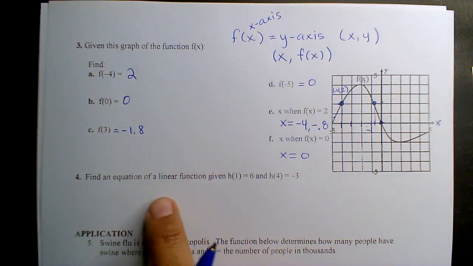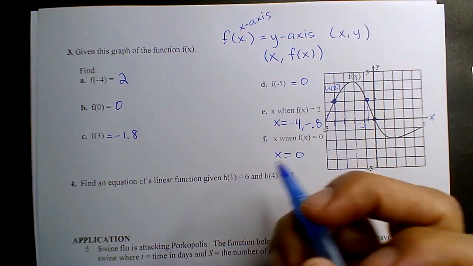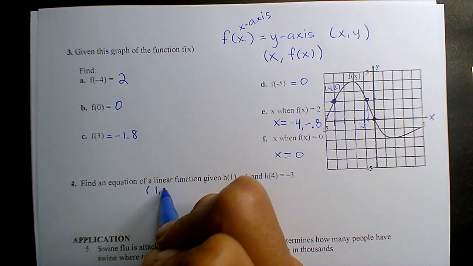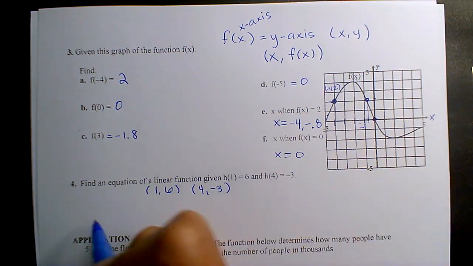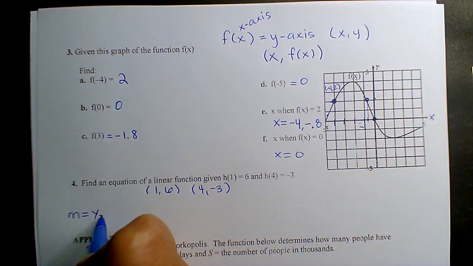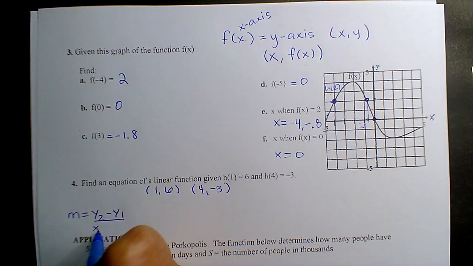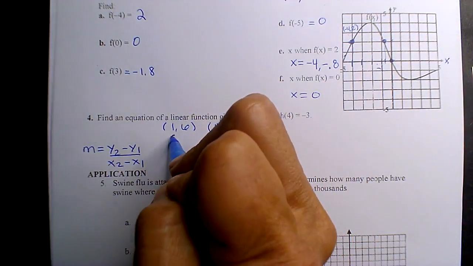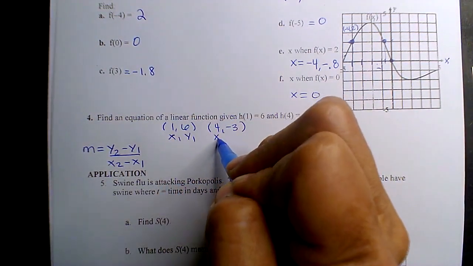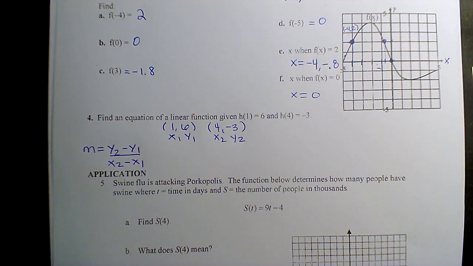Yeah. Okay, so remember, if they give you function notation, this is the point (1, 6) and this is the point (4, negative 3). So if you guys remember how to find slope intercept form, x1, y1, x2, y2.